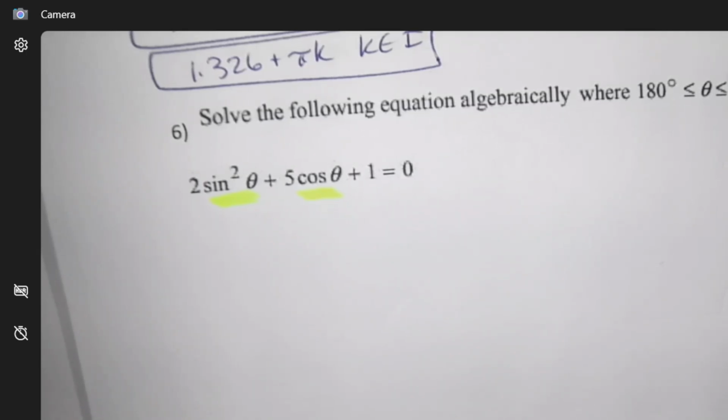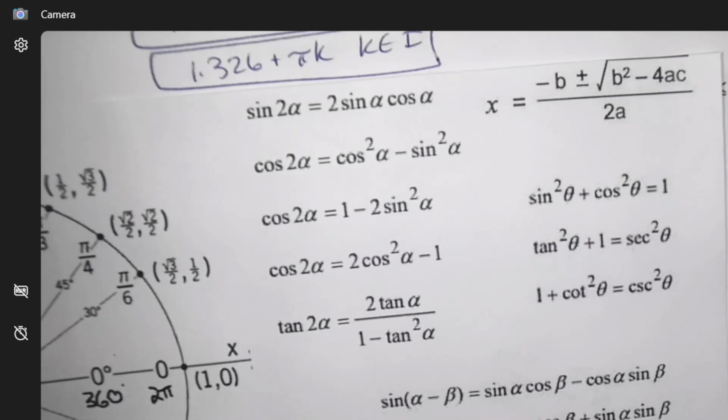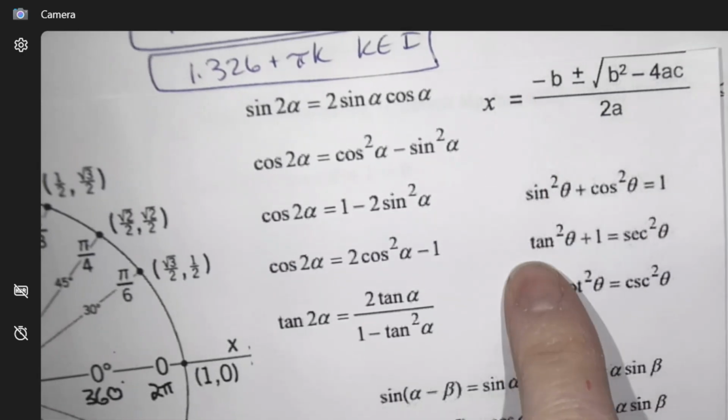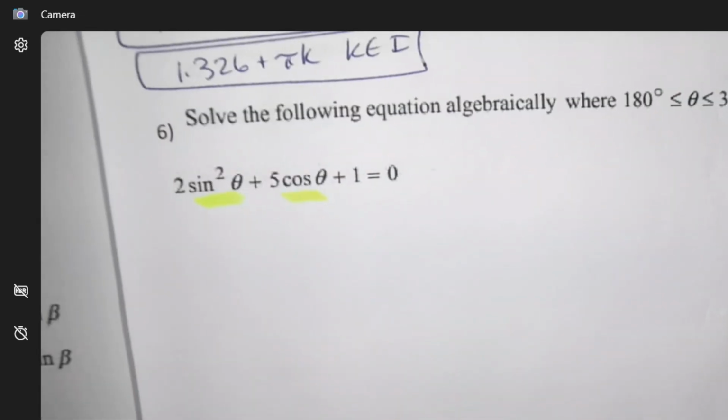So where should I look for subs? On my formula sheet. Where do you think I'm specifically going to look? Squared stuff.